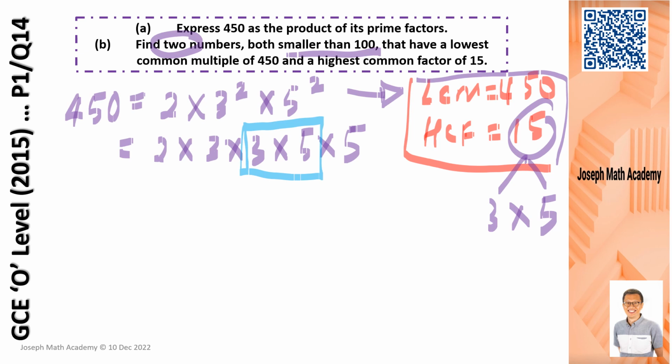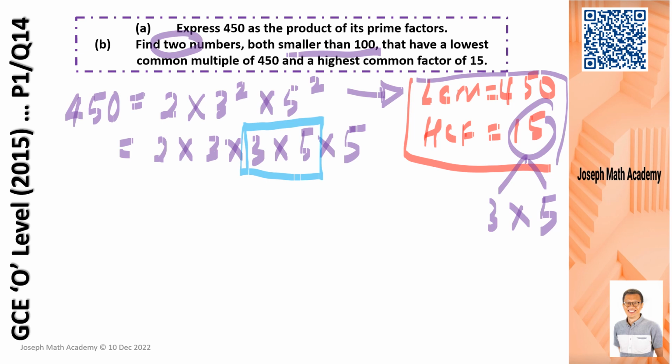Now let's think of our first number. If we take the entire 2, 3, 3, 5, 5, we have 450. No, we don't want that.